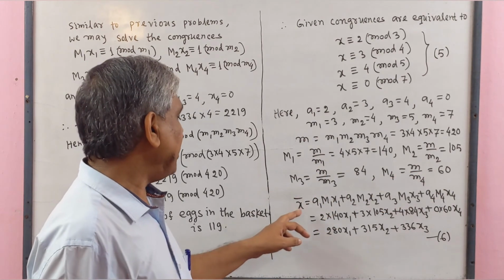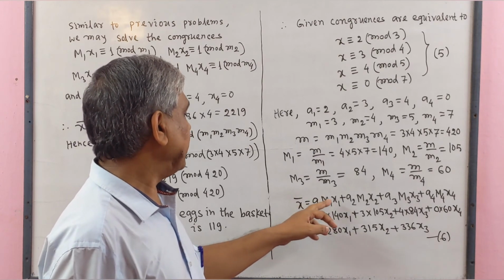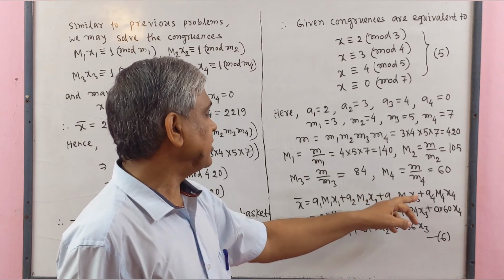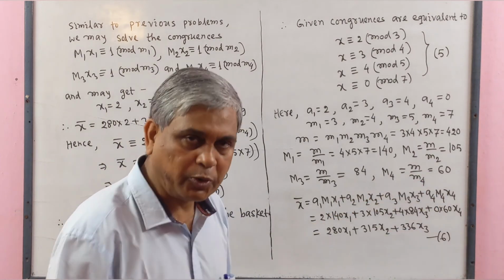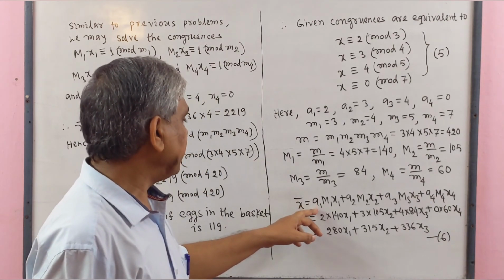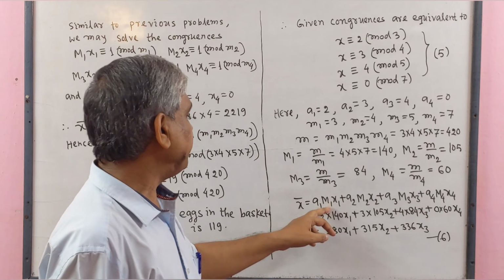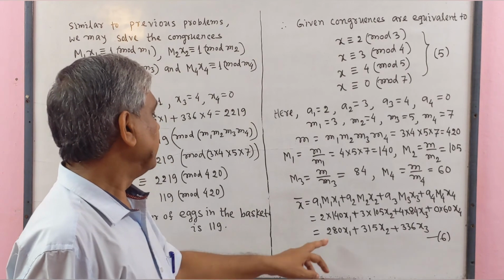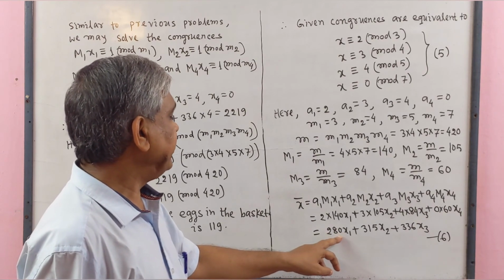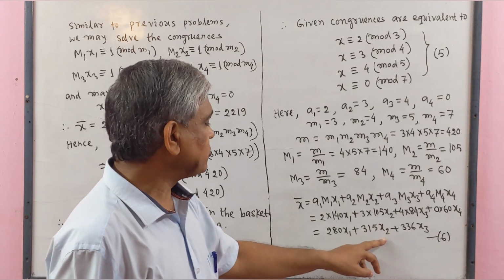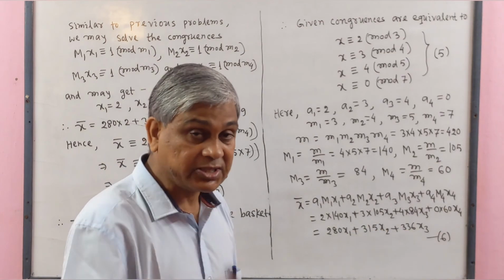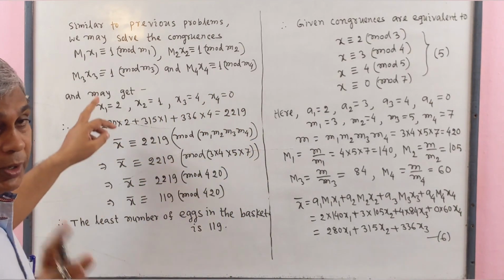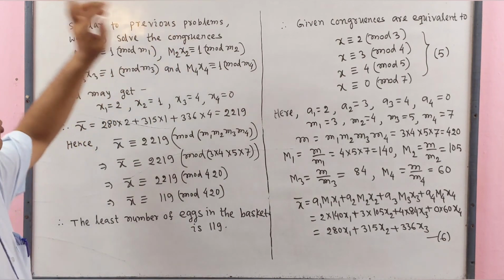Now, x bar equal to a1 capital M1 x1 plus a2 capital M2 x2 plus a3 capital M3 x3 plus a4 capital M4 x4. We put the values of a1, a2, a3, a4 and capital M1, capital M2, capital M3, capital M4, and we get result 280 x1 plus 315 x2 plus 336 x3. This is number 6. Similar to previous problems, we may solve the congruences.